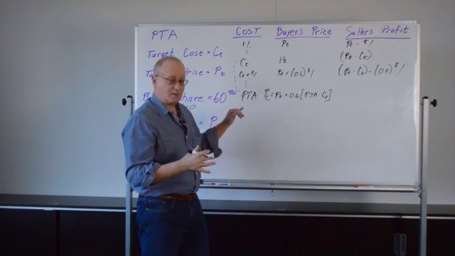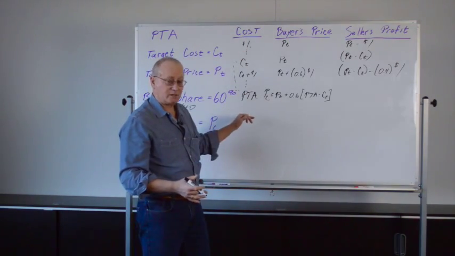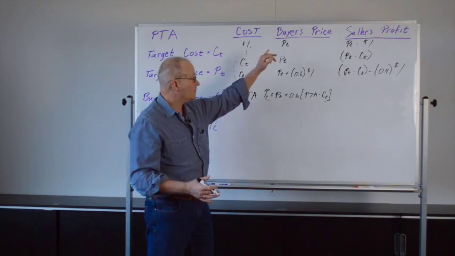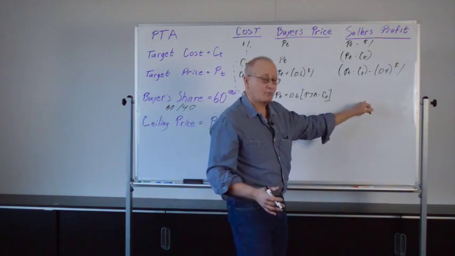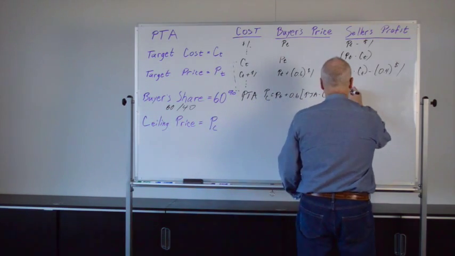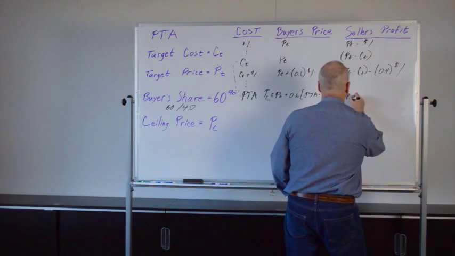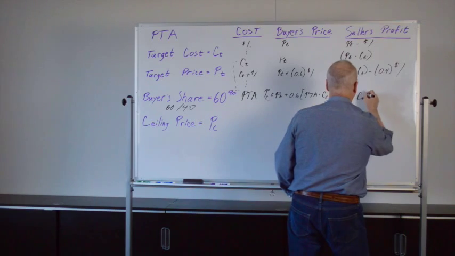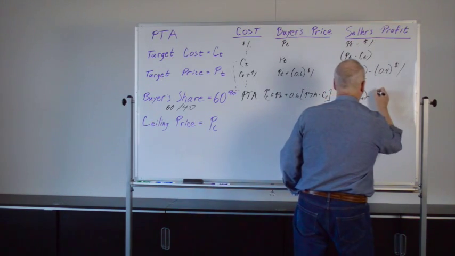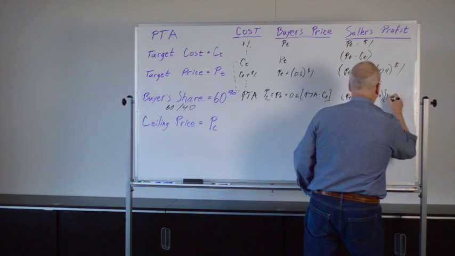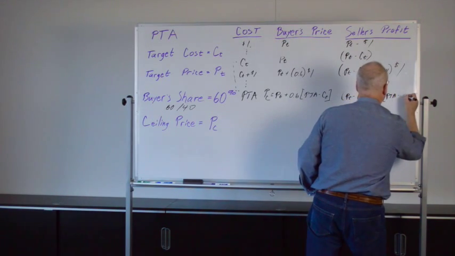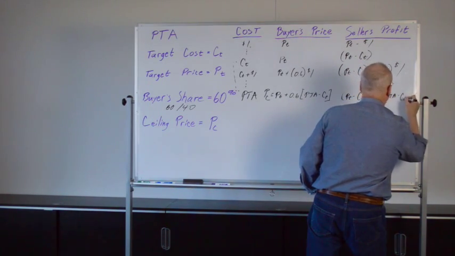That's the meaning of the PTA. When the cost reaches the PTA, the buyer's price reaches the ceiling price. And here, the seller's profit is P sub T minus C sub T minus 40% of that cost overrun, between the PTA and the C sub T.